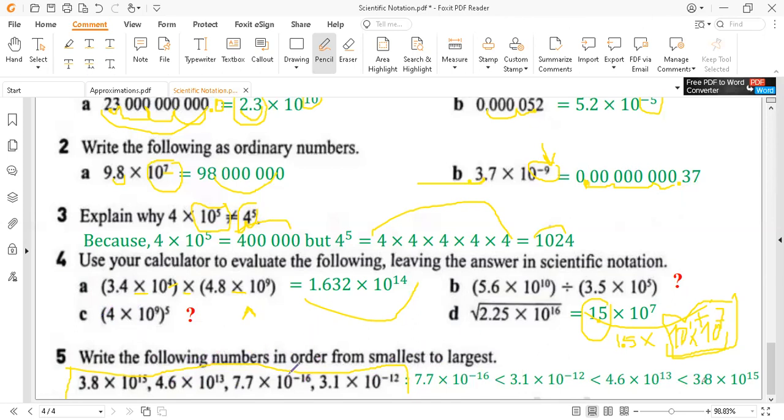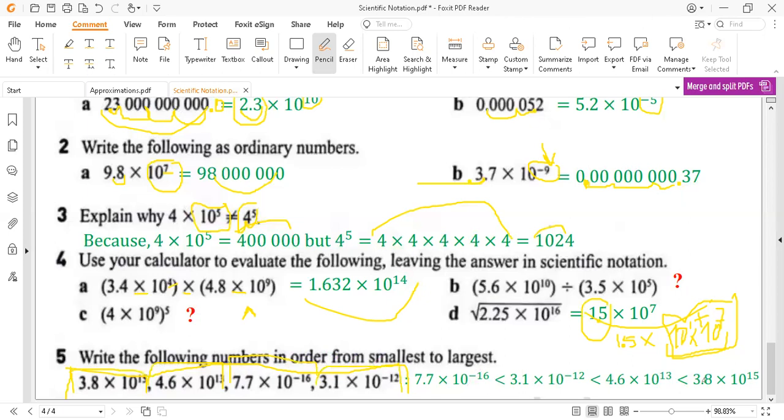Here we have all these numbers in scientific notation because we have the product of A by a power of 10, with A between 1 and 10, like 4.6, and similarly for the second, the third, and the fourth.